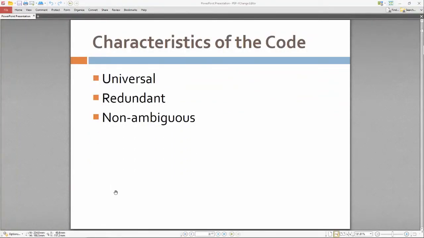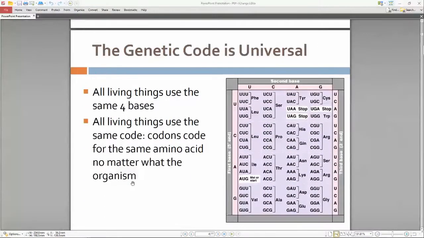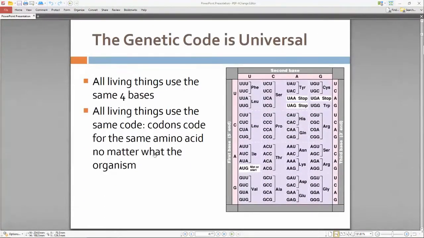So there are a couple of characteristics of the code. First of all, the genetic code is universal, so all living things use the same 4 bases. And I guess for RNA, uracil is a fifth base that's included. And all living things use the same code.